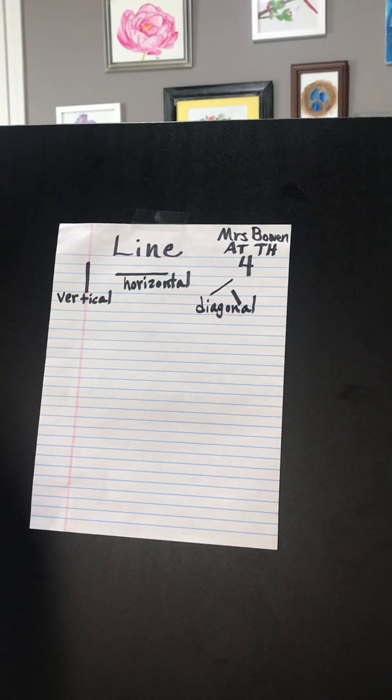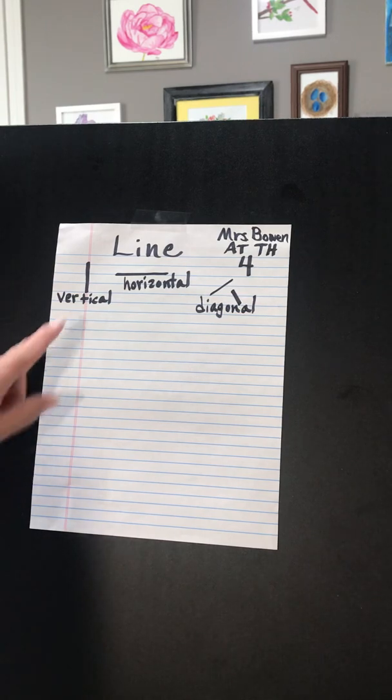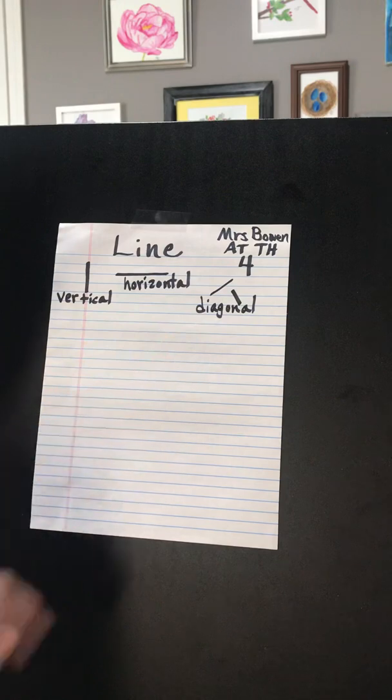As teachers over the summer, we identified that some of the places we may have some gaps, or didn't get to as much as we wanted to last year because of COVID-19, was dealing with geometry. Lines and angles didn't get touched on as much as we wanted to, so I'm trying to help out a little bit and do that in art as well. So we've got vertical, horizontal, and diagonal.